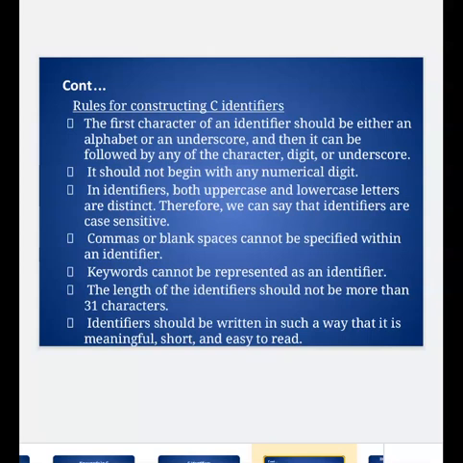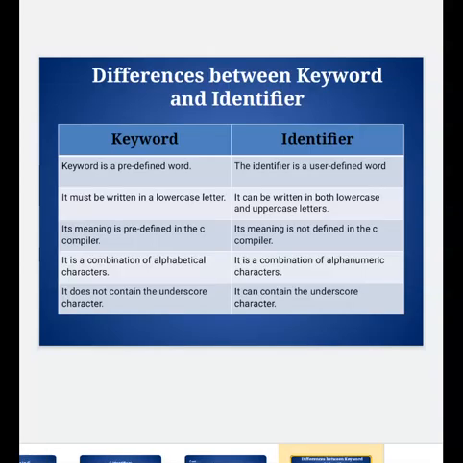And the differences between keyword and identifier are given in this table. A keyword is a predefined word, whereas an identifier is a user-defined word. A keyword must be written in lowercase letters, whereas an identifier can be written in both lowercase and uppercase letters.